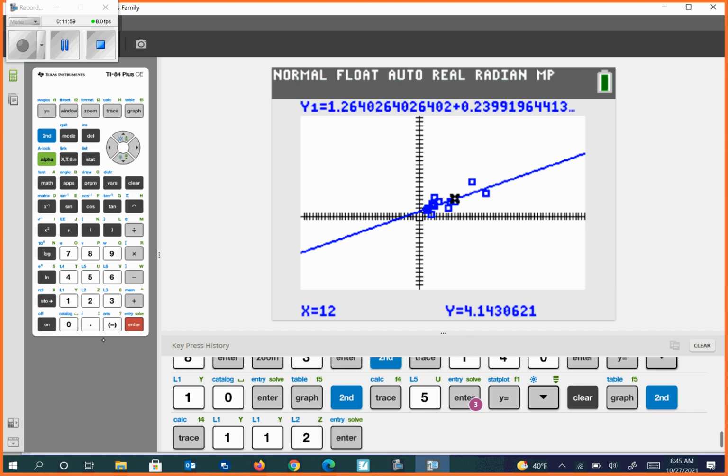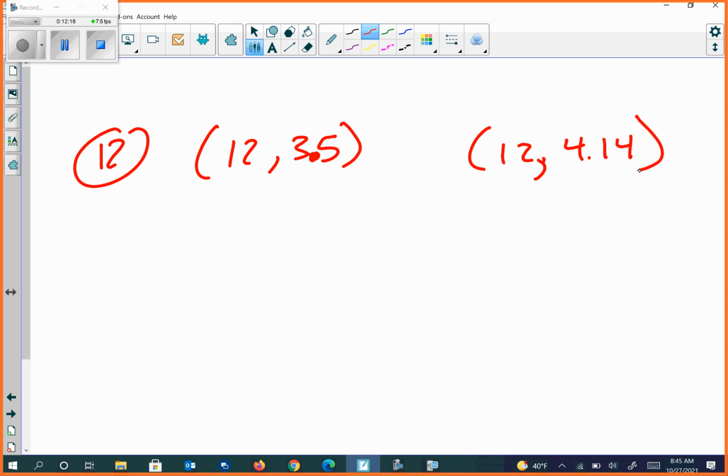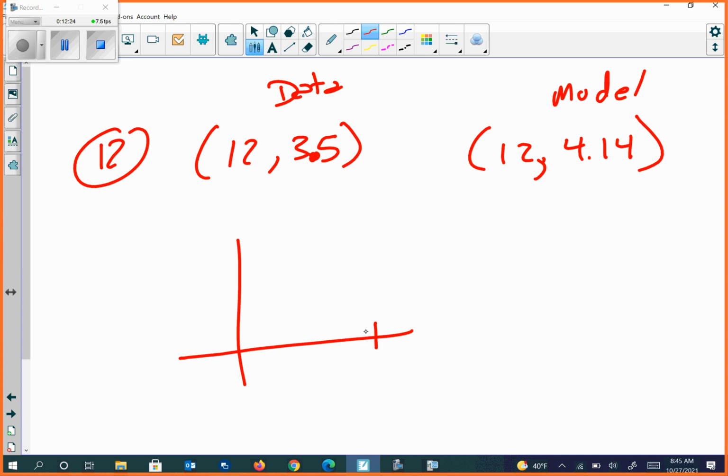So 4.14. That's at 12. So 12 comma 4.14. Okay, so this is what our model showed, and the point 12 comma 3.5 is here.